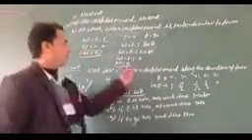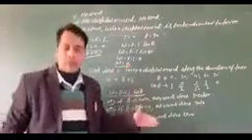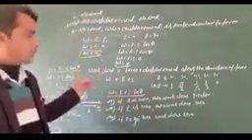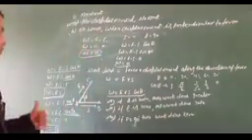So in this condition, work done will be 0 if the displacement is perpendicular to the force, and second, no displacement, no work. If the displacement is 0, then work done will also be 0.